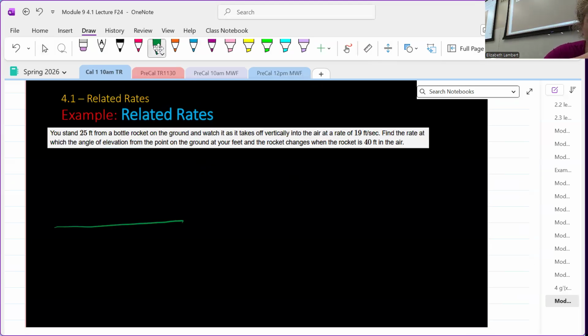All right, so let's start with our picture. So we've got our rocket shooting up, and we know that it's going up at a rate of 19 feet per second. And then we know we're standing 25 feet from where the bottle rocket took off.